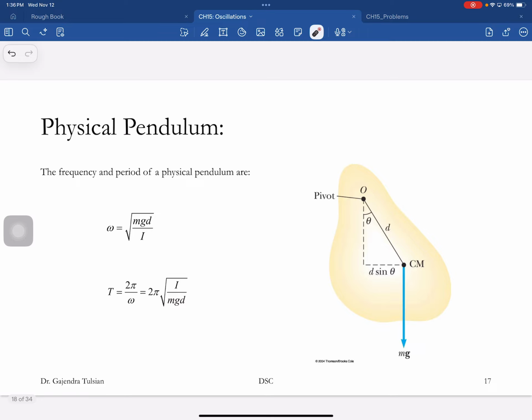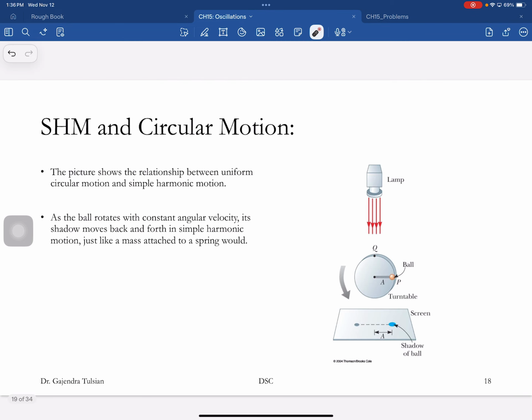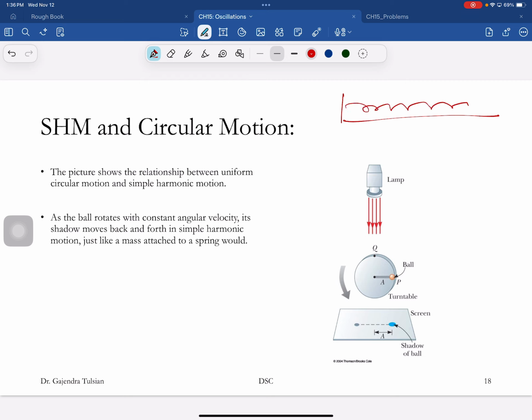All right, so you saw that a mass attached to a spring, you disturb it from its equilibrium position and it'll oscillate back and forth like that. Here's an interesting fact.